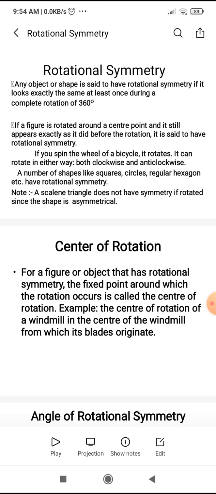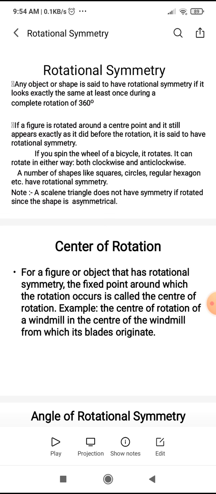What is meant by rotational symmetry? Any object or shape is said to have rotational symmetry if it looks exactly the same at least once during a complete rotation of 360 degrees. That is, you rotate a given figure either clockwise or anti-clockwise. In one complete rotation, how many times does it look the same?